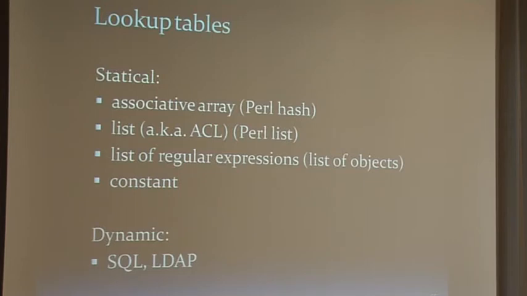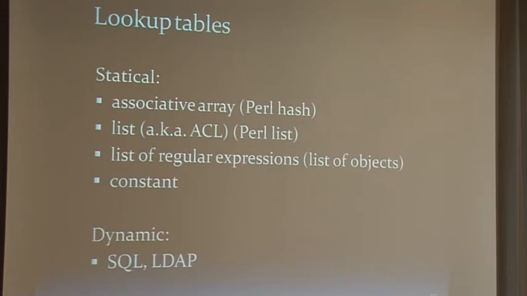Okay, lookup tables. We said policy banks are applied to a message as a whole. Lookup tables is a mechanism which is much older in Amavis, but it works on a per recipient basis.